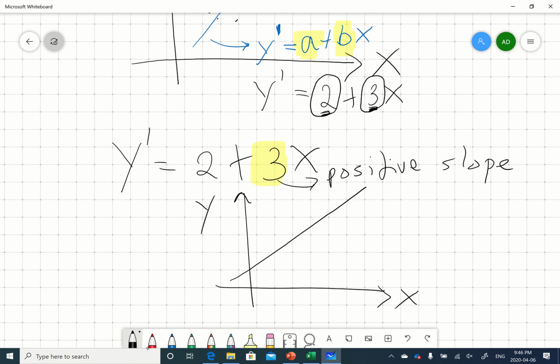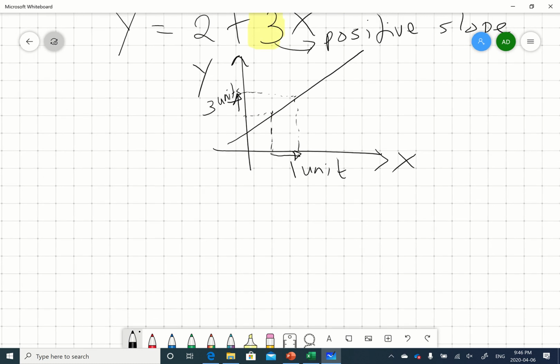That means when you increase the x variable by 1 unit, the y variable will increase by 3 units. That's the idea of the slope.